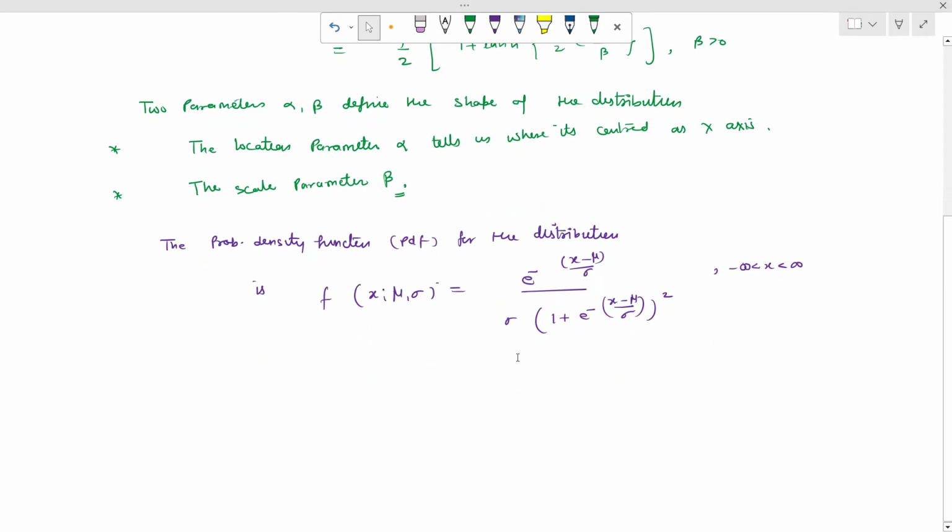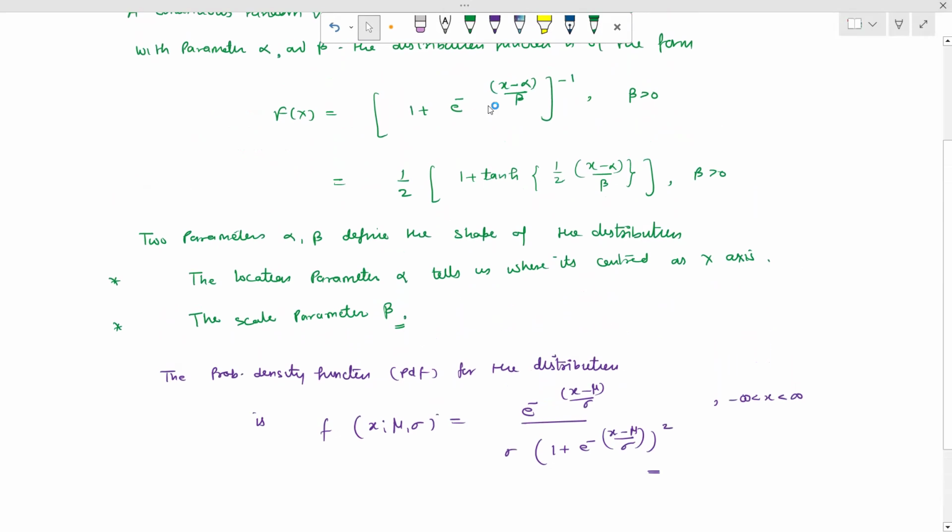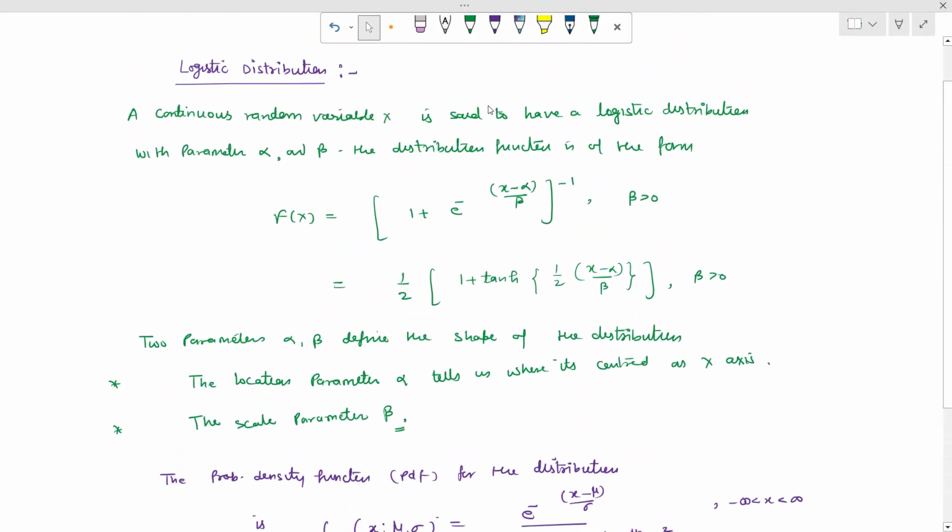In this PDF we involve mean mu and sigma, basically two parameters for the PDF. Generally, in the distribution function we write the two parameters as alpha and beta.